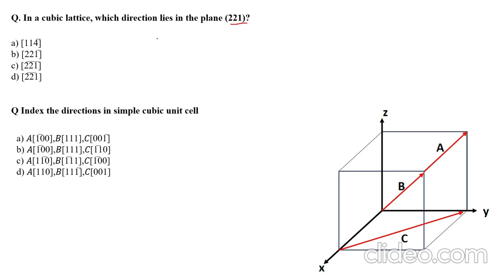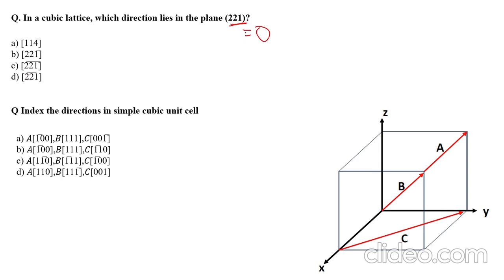Remember always that whenever we are given a direction in a plane, these two are perpendicular. So their dot product will be 0. So you have to identify which among these directions will have a dot product with this plane equal to 0. Then you can say that direction is contained in the plane.